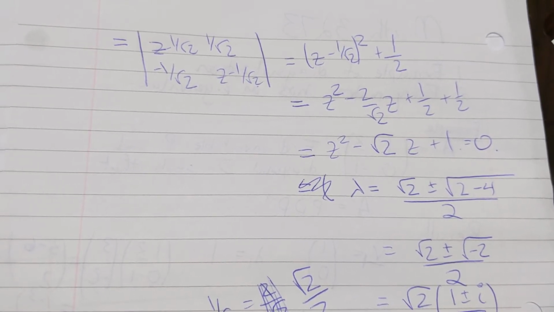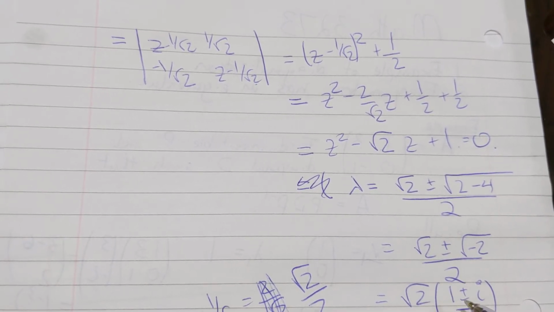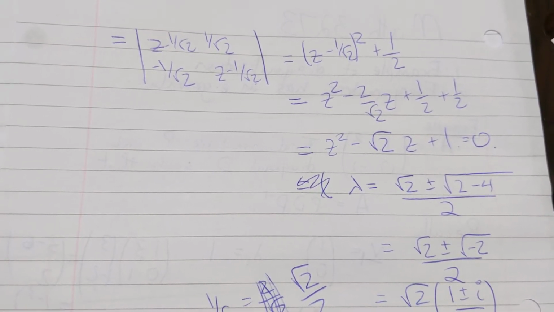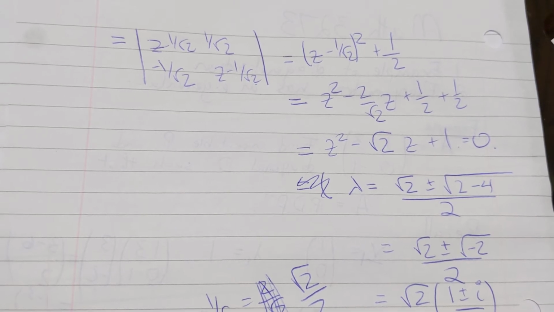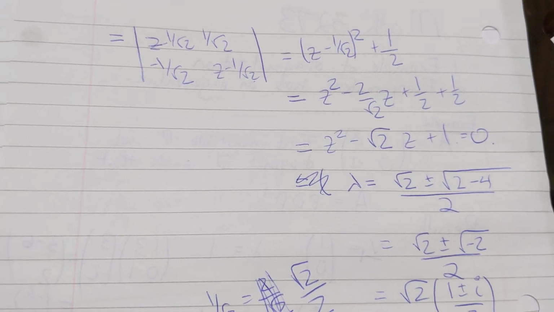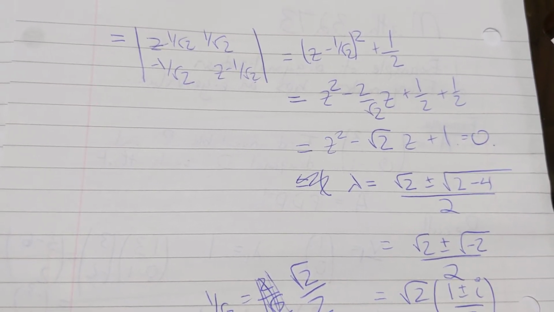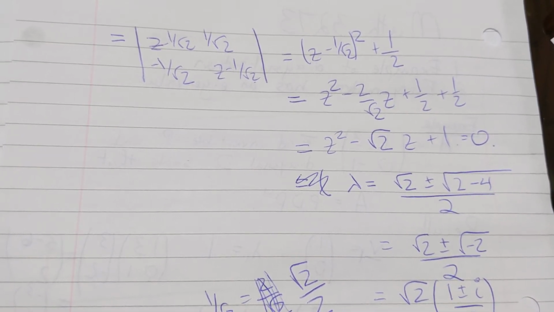Our first entry is root 2 over 2 minus root 2 over 2 minus root 2 over 2 i, so we're left with negative root 2 i over 2. Here we have negative root 2 over 2, and then root 2 over 2, and the same as before, negative root 2 i over 2.